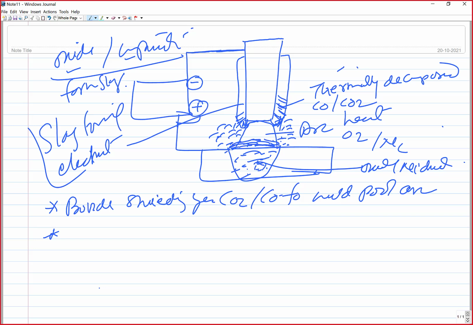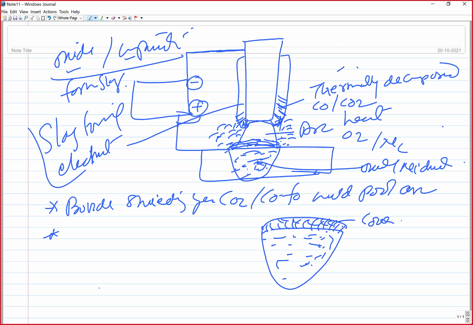So the impurities interact with the flux coating and form the slag, which floats, covers the molten metal, reduces the cooling rate, and avoids direct interaction between the molten metal and the oxygen and nitrogen of the air.